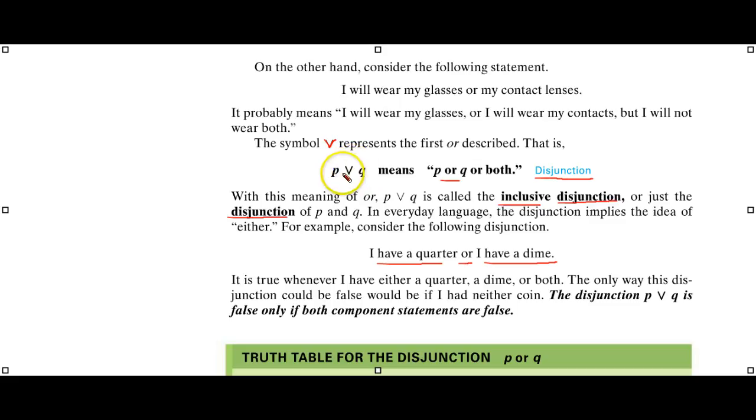And the symbol for it is the inverted caret, or a V. So the disjunction of P V Q is false only if both components are false.